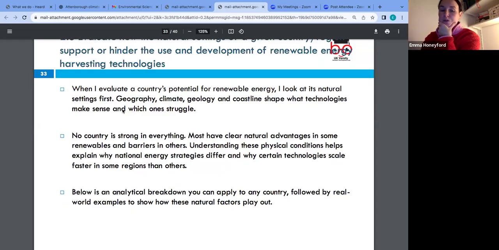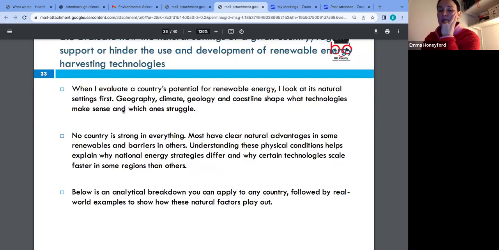Each country can do better or not as well in different types of renewable energy. Most have clear natural advantages in some renewables and barriers in others. Understanding the physical constraints can help us explain why national energy strategies differ and why certain technologies scale faster in some regions than others.